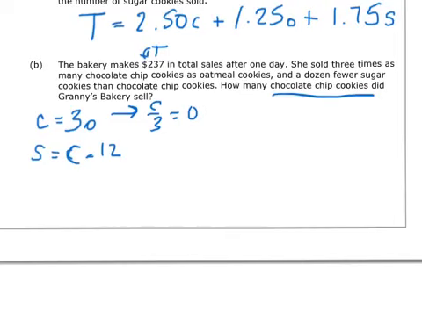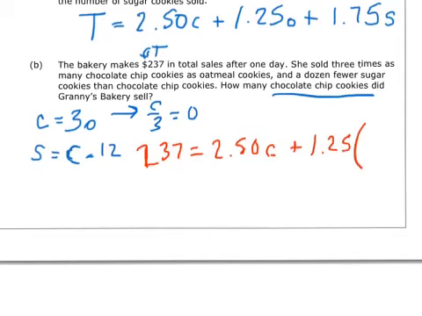So T, which is 237, equals 250 times C plus 125 times C over 3 plus 175 times C minus 12. Then we're going to solve that.